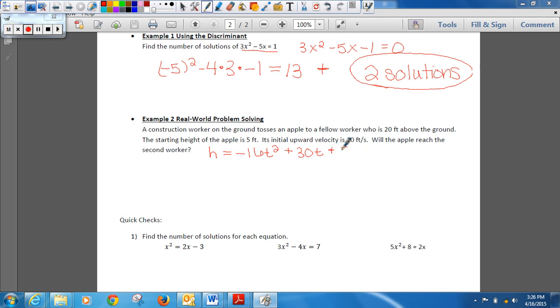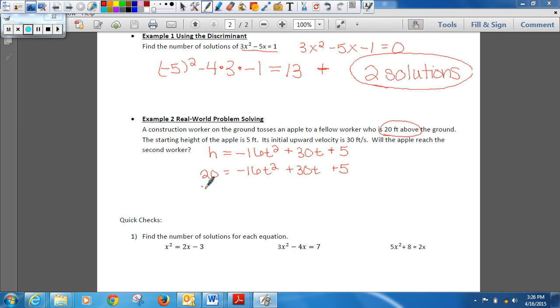In this case, it is 5. And we want to know if the apple will reach the second worker. Well, it says the second worker is 20 feet above the ground. So the height the apple would have to go is 20 feet. So I'm going to sub that in there. And we're going to see at what time it would reach it.